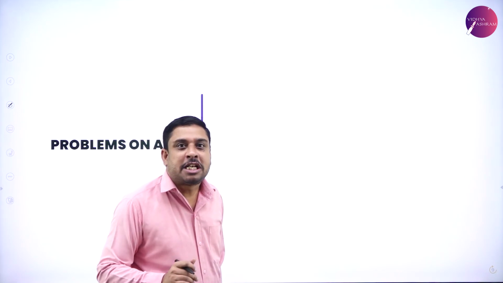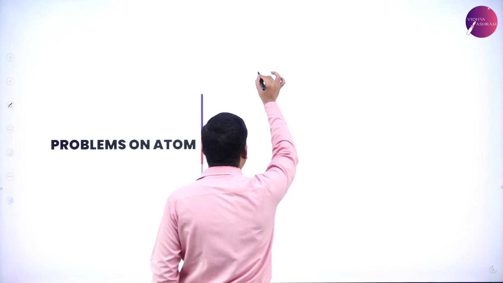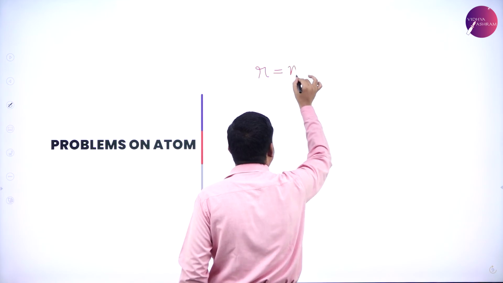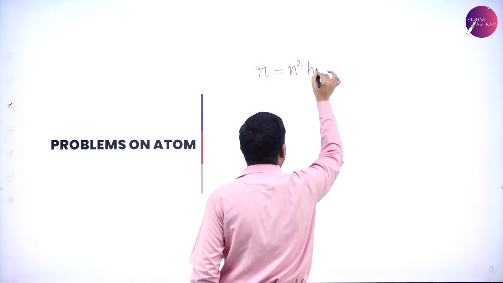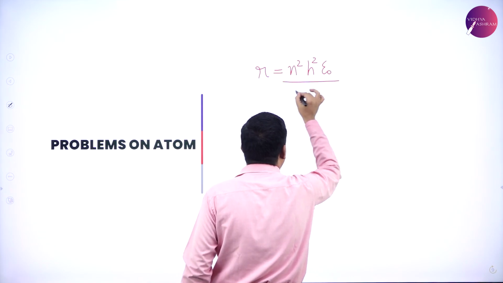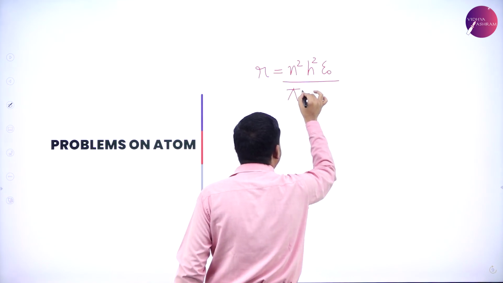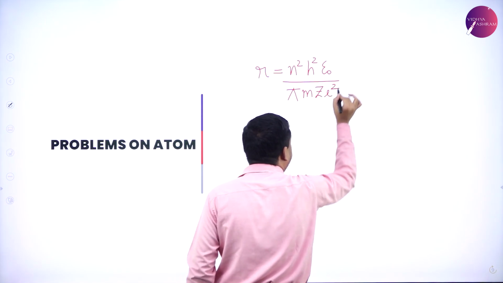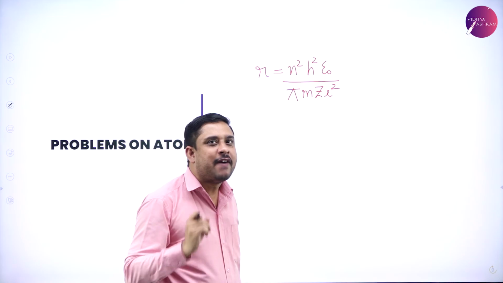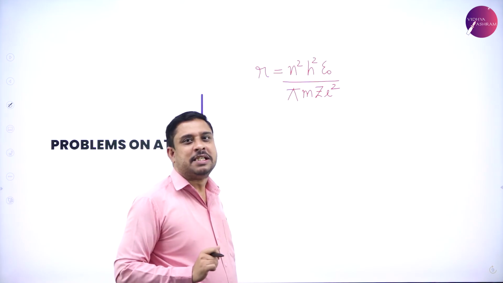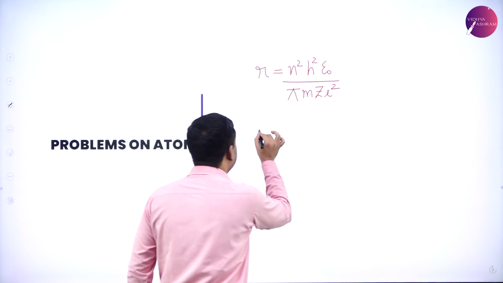So what is the expression for radius, students? R is equal to n square h square epsilon naught by pi m z e square. I'll give you the values of all the constants. You will be simplifying them.